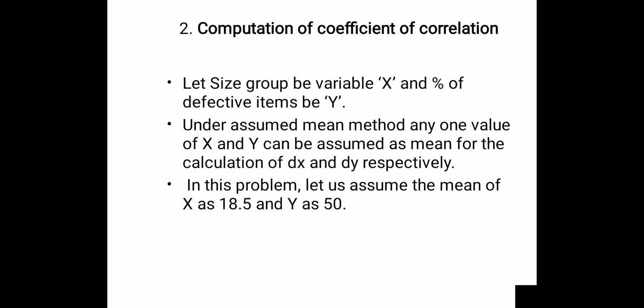Now let us assume the size group as the x variable and percentage of defective items as the y variable. As we are using the assumed mean method here, we have to assume one value for x and y as the assumed mean to calculate the deviations. Let us assume the mean of x as 18.5 and y as 50.